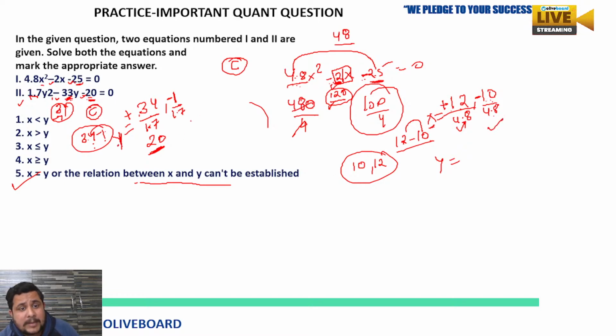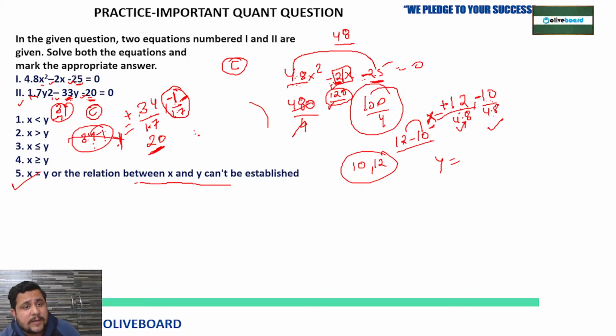But the second root of y is negative, so it is less than the first root of x, which is positive. It is not possible that one value of y is greater and another is lesser. So this relation cannot be established.